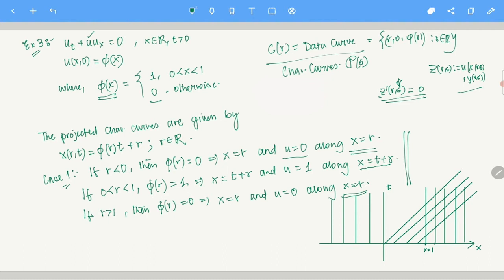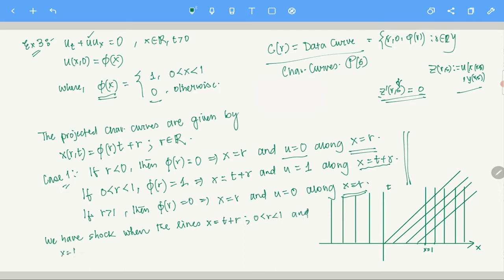When the line x equals t plus r, for any r between 0 and 1. So essentially, we have a shock when the lines x equals t plus r, for r between 0 and 1, and x equals 1 intersect.